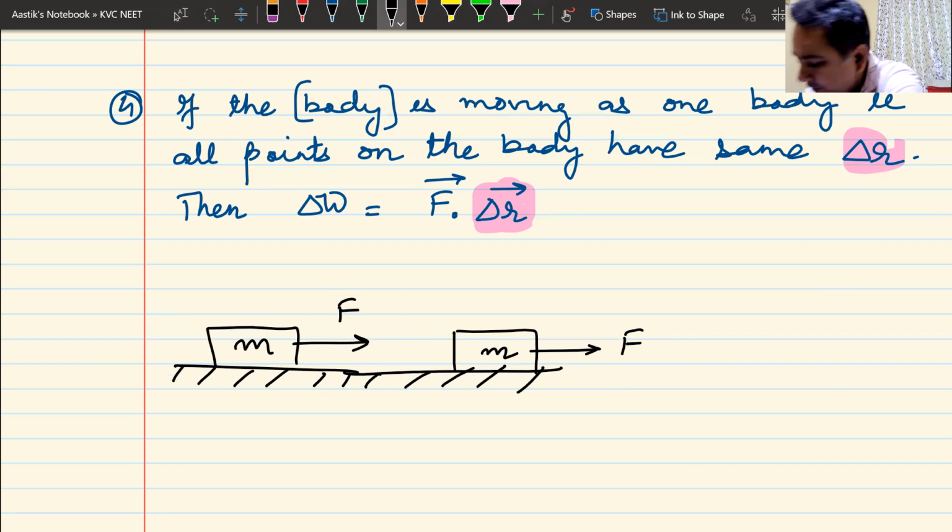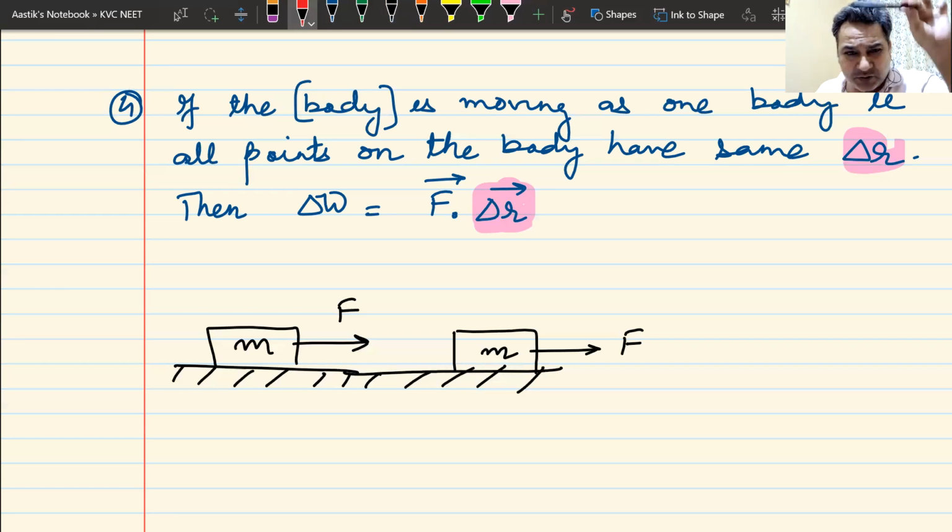Now, let us say this pen is moving up and down. I call this motion translational. All the particles of this pen have the same displacement.